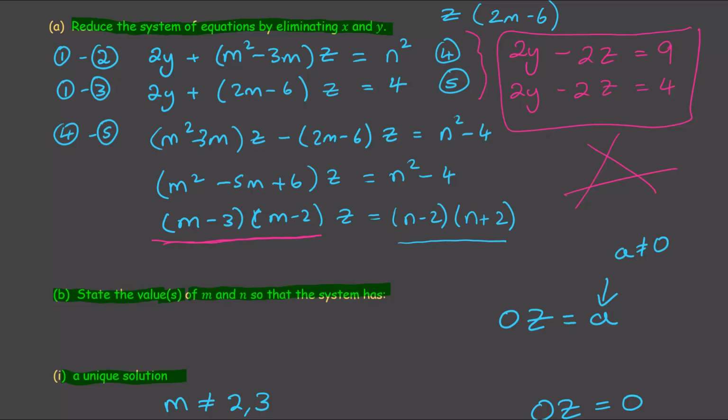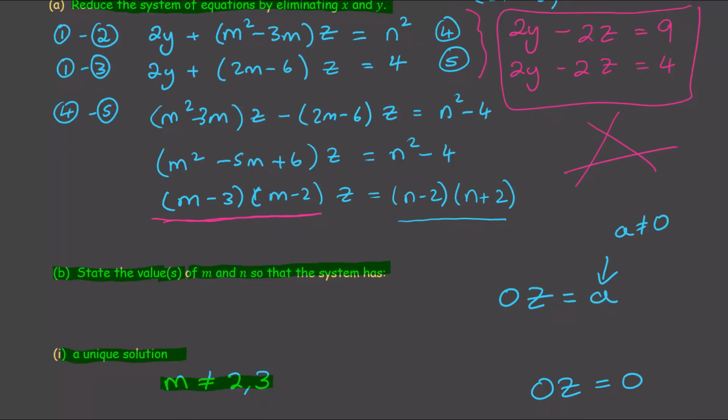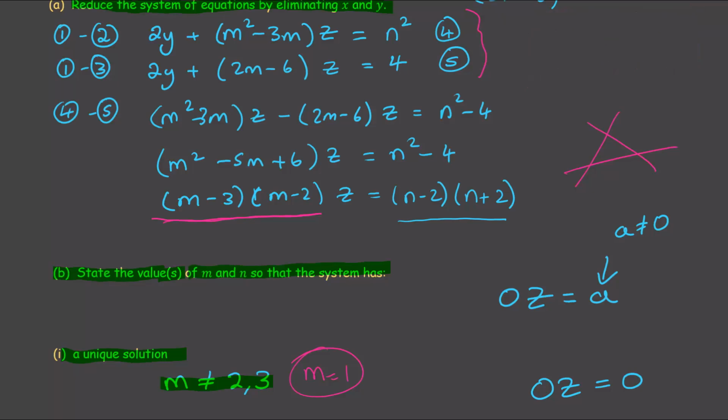If we look at a different situation, such as the unique solution, so that just says that m is not equal to 2 or 3. Let's just take m equal to something like, I don't know, 1. So if we had m equal to 1, say, and we go back up, then what happens to equations 4 and 5?